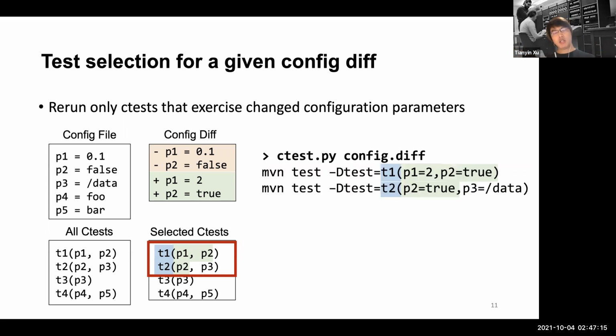We currently integrate Maven in our C-test framework, and it's also very straightforward to integrate other test runners such as Gradle, Bazel, and Buck, or any test runner you like.